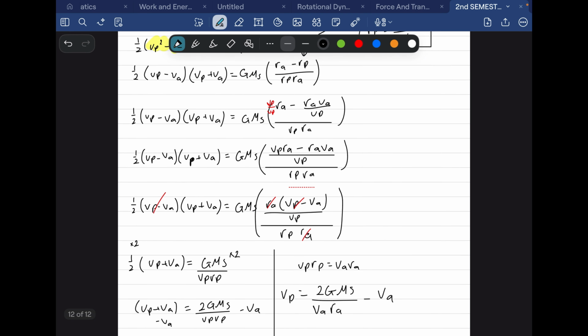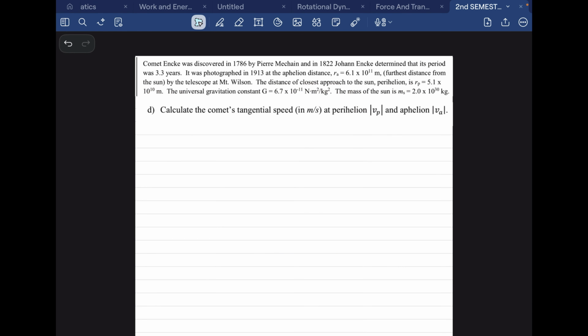And that should match. So earlier we proved this equation right here. V perigee is equal to 2G mass of the sun over R apogee V apogee minus VA, right? But then we cannot use this to find any of the speed because there's two unknowns in it.